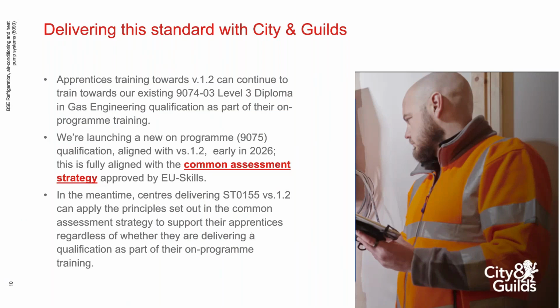This is fully aligned with the Common Assessment Strategy approved by EU Skills. In the meantime, centres delivering ST0155 version 1.2 can apply the principles set out within the Common Assessment Strategy to support their apprentices, regardless of whether they are delivering a qualification as part of their on-program training.